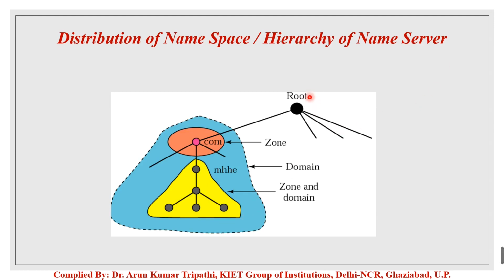So we can say at the top is the root, then there is a domain. A domain may contain a zone, and then a zone may contain a domain, and this recursive process may be there.